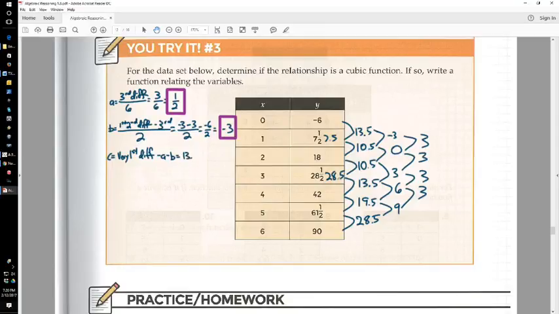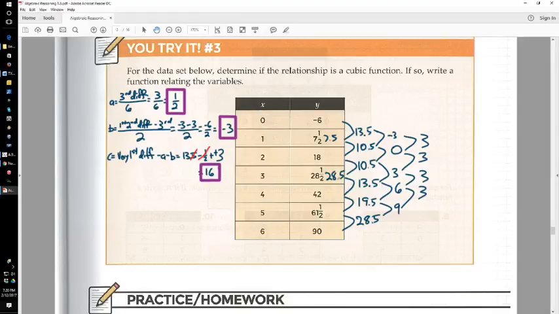So it's 13.5 minus my A, which is 1/2, minus my B, which is negative 3. So we're really adding there. The negative 3 minus 1/2 just kind of cuts off the 0.5. So 13 plus 3 equals 16. That would be my C value.